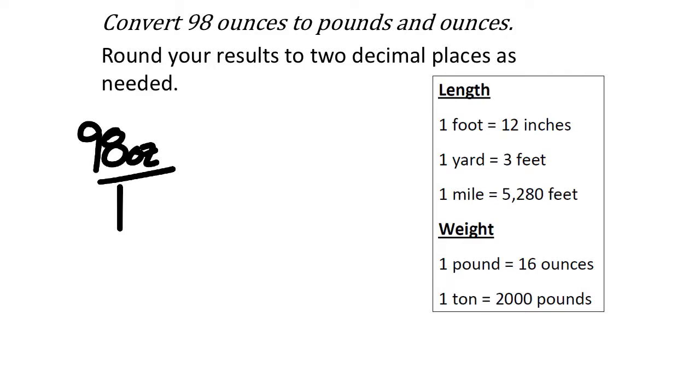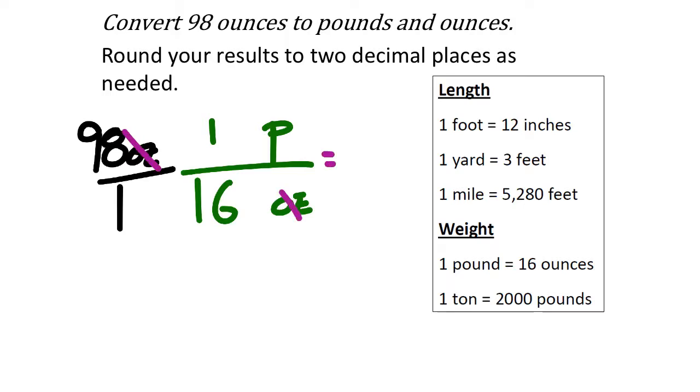So I want to figure out how many total pounds, or whole pounds, that is. And to do that, I'll need to change ounces to pounds. Again, ounces in the denominator, so it cancels. It's 16 ounces for 1 pound. So the ounces do cancel away. So I have 98 divided by 16 in this case.